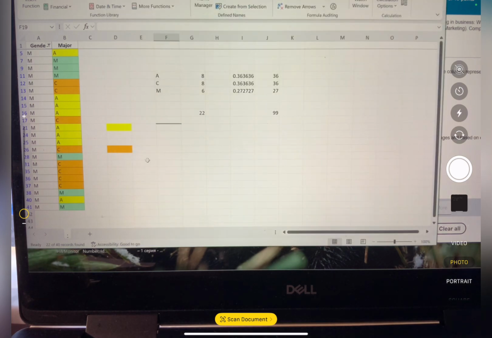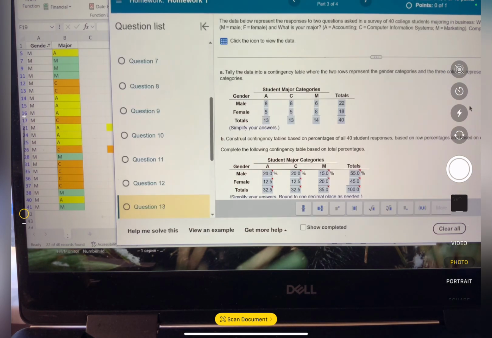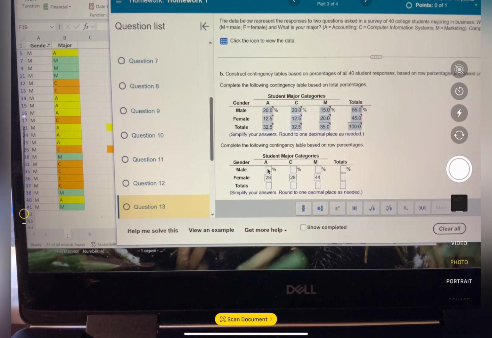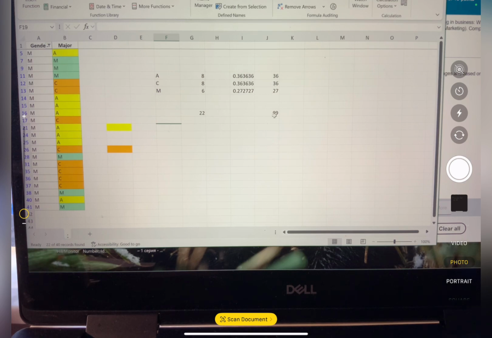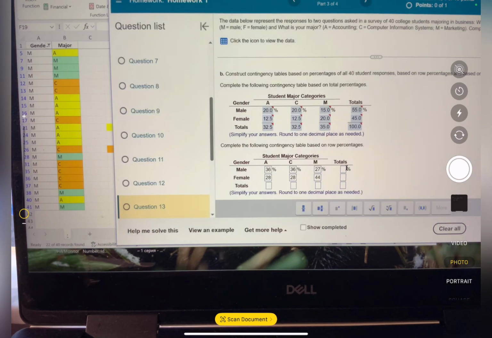So here we get 36, 36, 27. All right, and total here we get 99. And the other one, we got 100, right? For female, when we add it, we got 100.